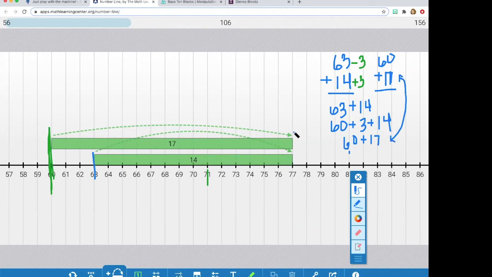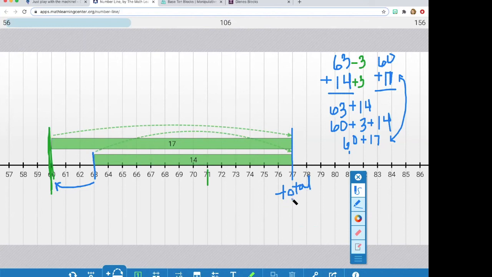And so what I want you to see now is when we kind of subtracted that 3, we went backwards on the number line, but then we added this distance. Instead of being 14 long, now it's 17 long. So we still end at that same total, that same sum.